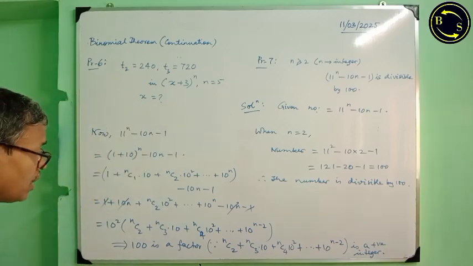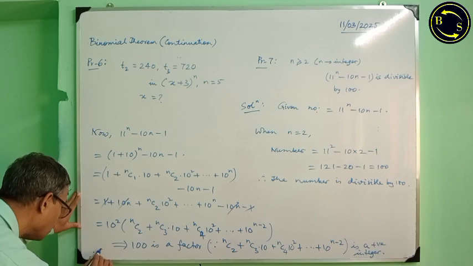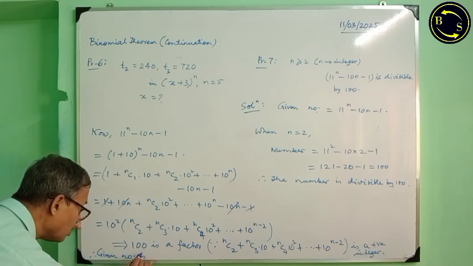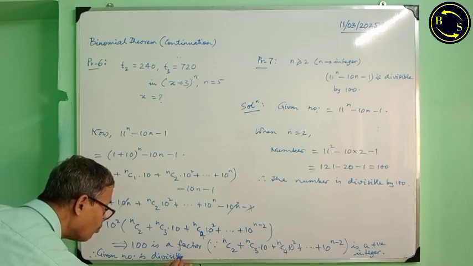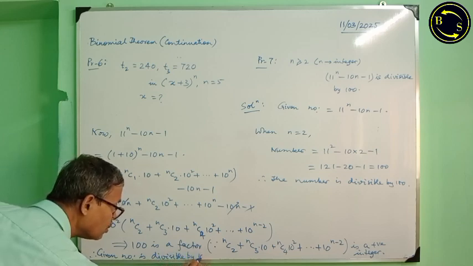Therefore, the final comment will be: the given number is divisible by 100.